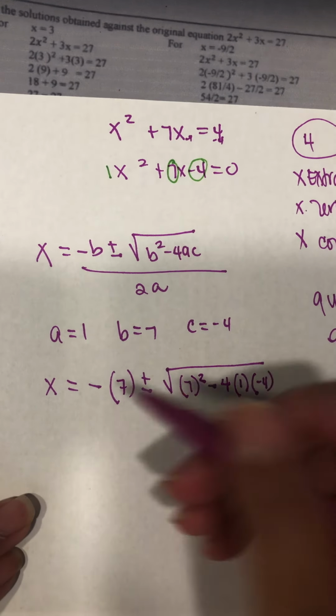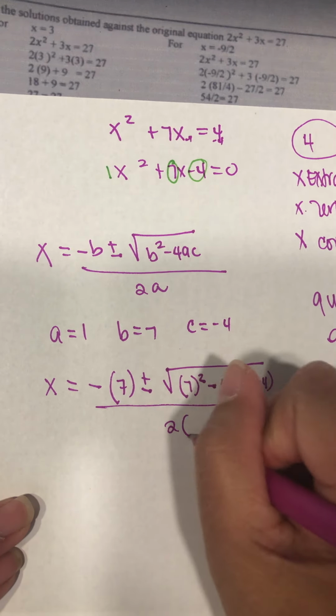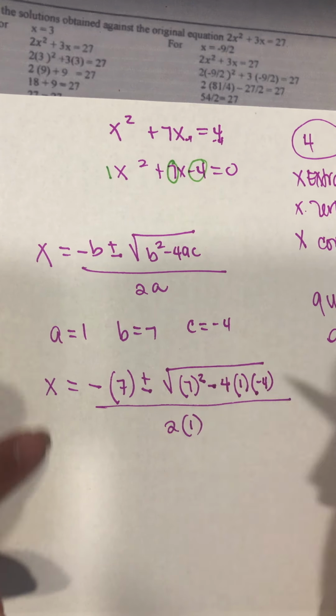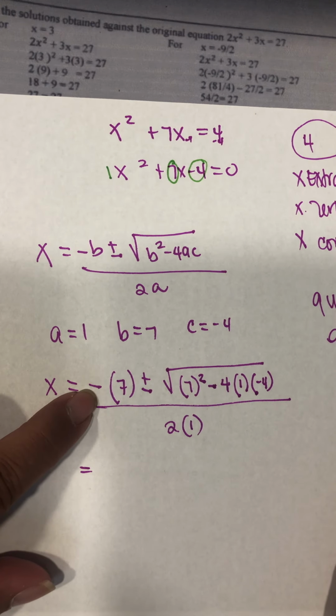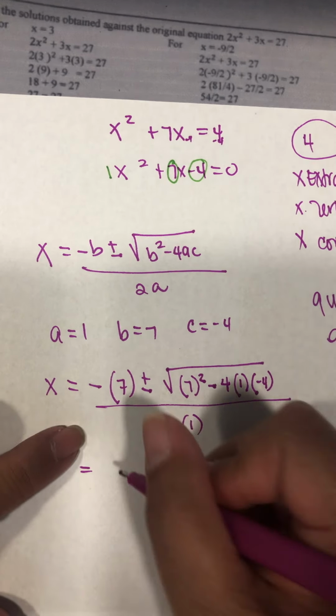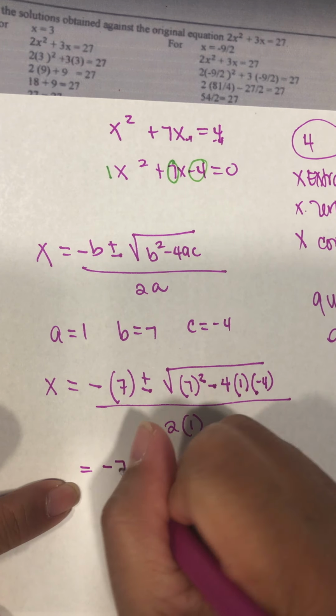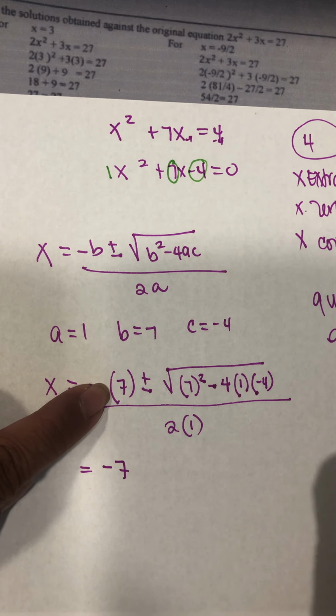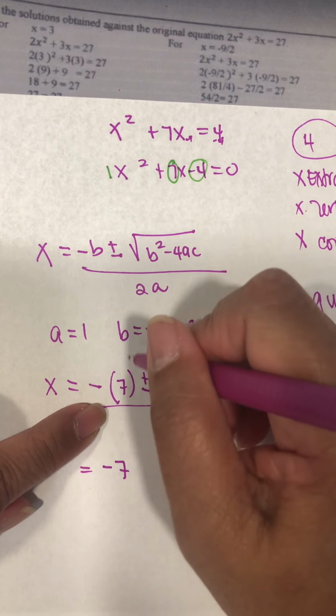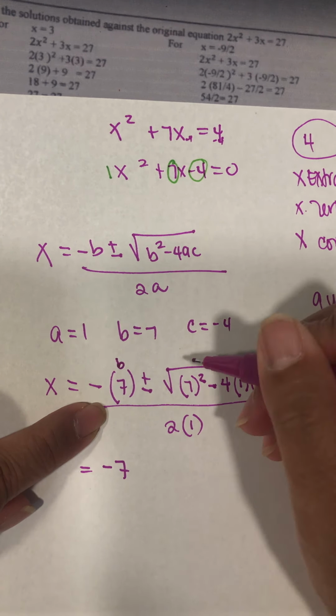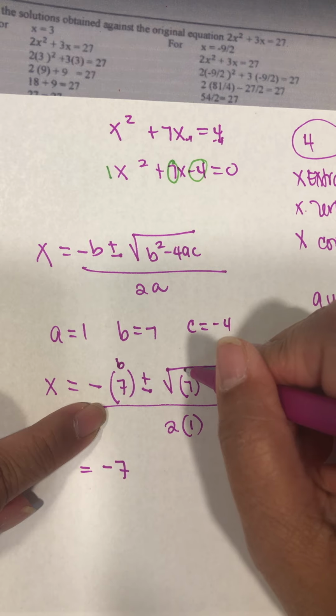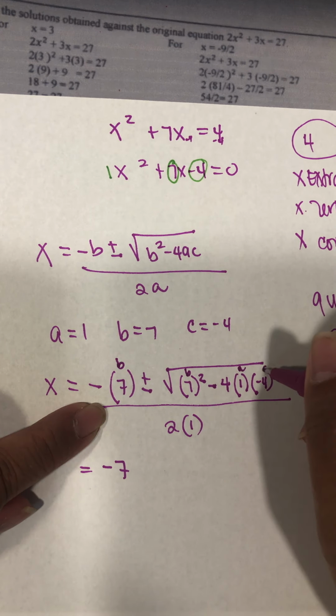Now over 2 times a, which is 1. So negative 1 times 7 would be negative 7. I put them in parentheses so that you will know that this is b, and this is b again. That's a, and that's c.